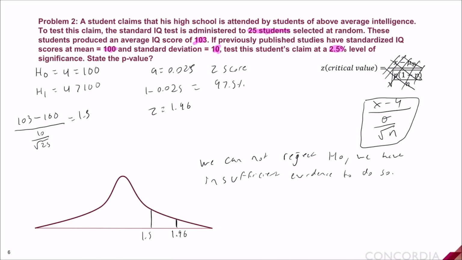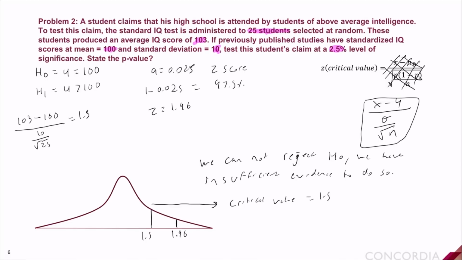Now, the problem also asks us to find the p-value. The p-value is simply the probability to the right of our critical value. So if our critical value was equal to 1.5, that value is equivalent, on a z-score table, to a probability.